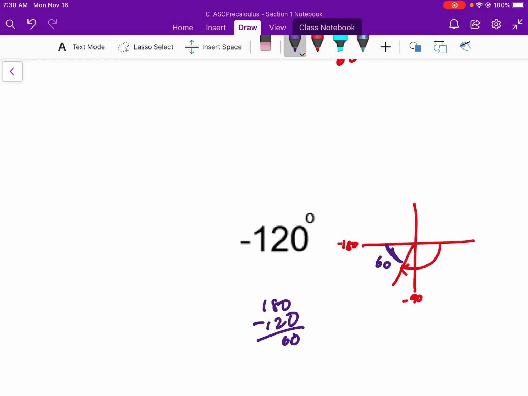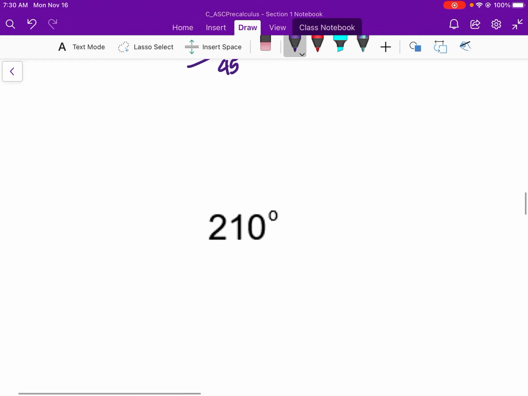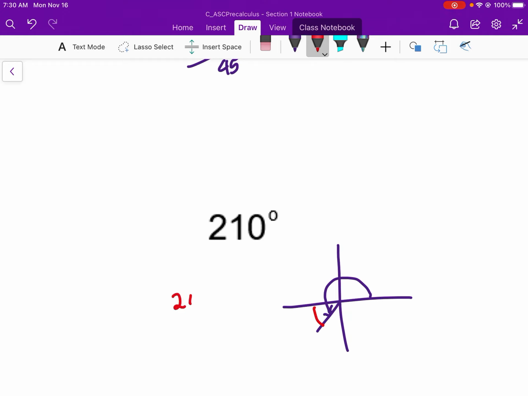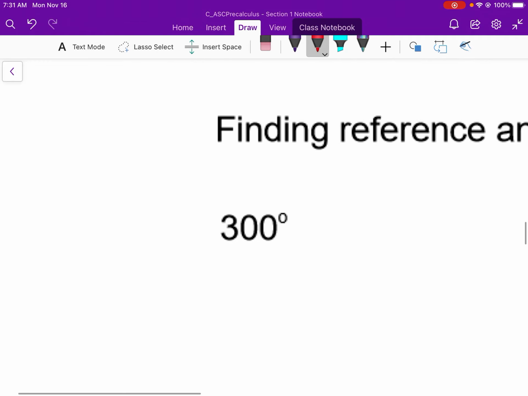So it's 60 degrees from the x-axis, so the reference angle is 60. 210, same way. It's over here, past 180. How far am I from the x-axis? I always use the x-axis. So 210 minus 180 is 30.